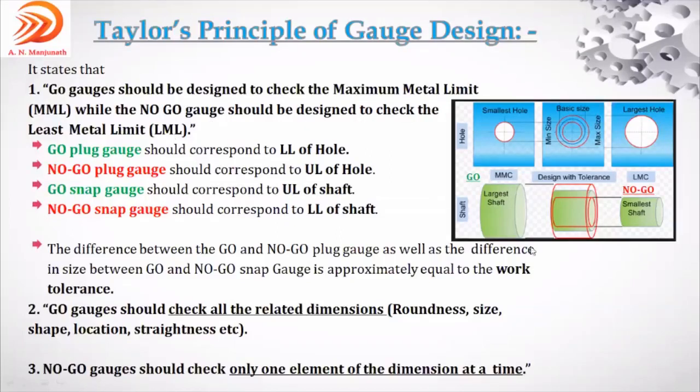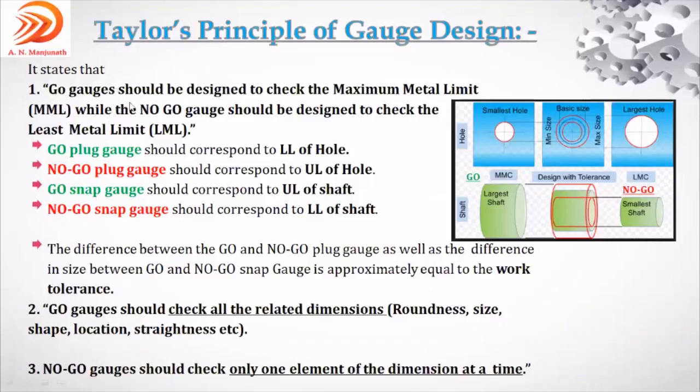You can see in the figure also, the no go gauge should be designed with the least metal condition, LMC or LML, least metal limit. Here it is given in the sentence, right? These are the three statements of Taylor's principle.